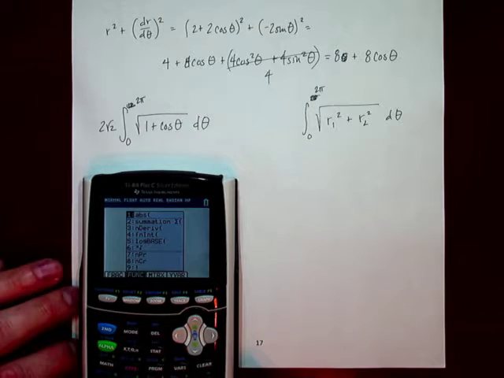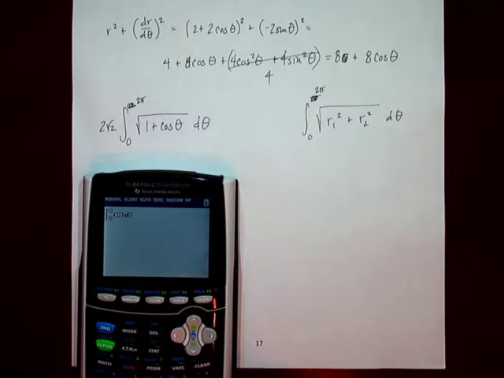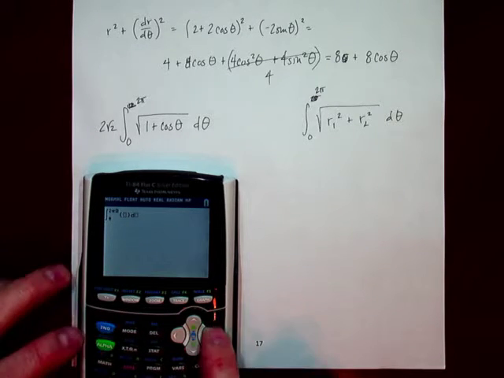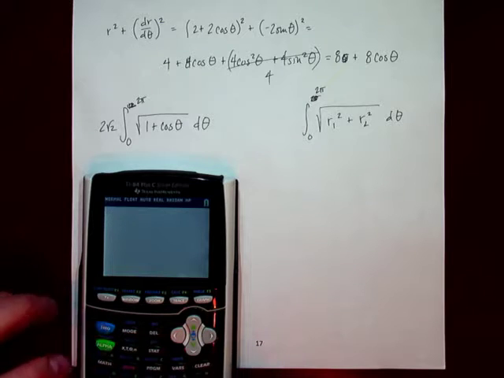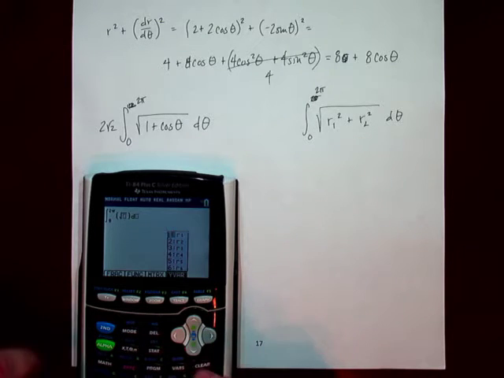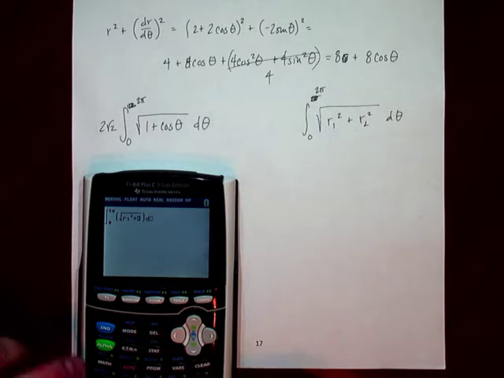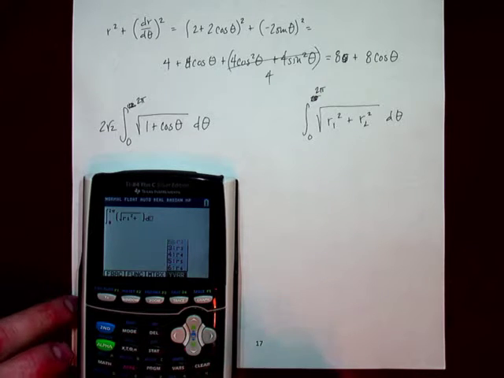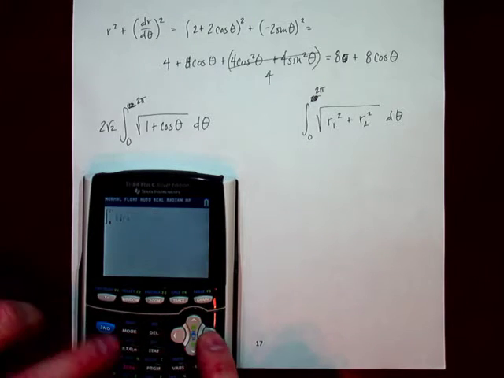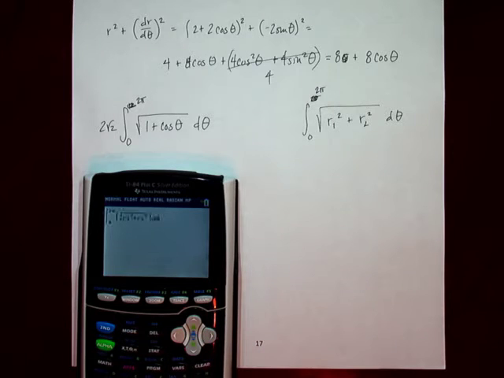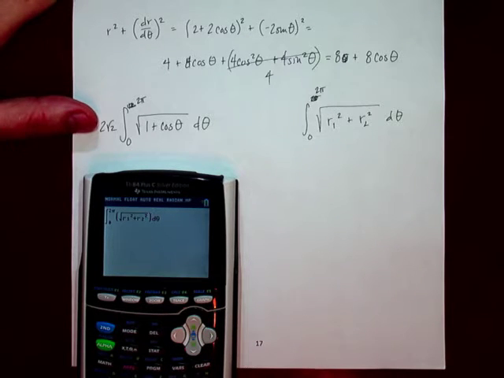So let's see what that looks like. 0 to 2 pi, square root of R1 squared plus R2 squared, d theta. And that's 15.9999999.